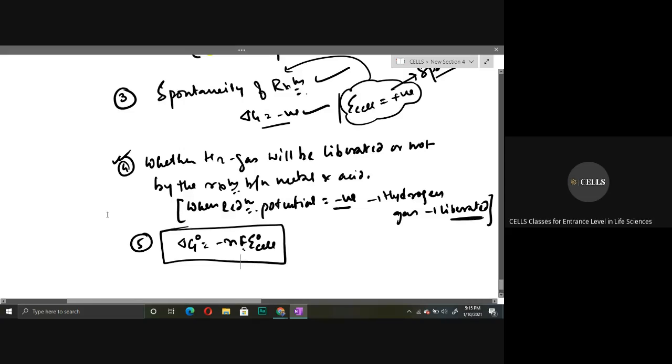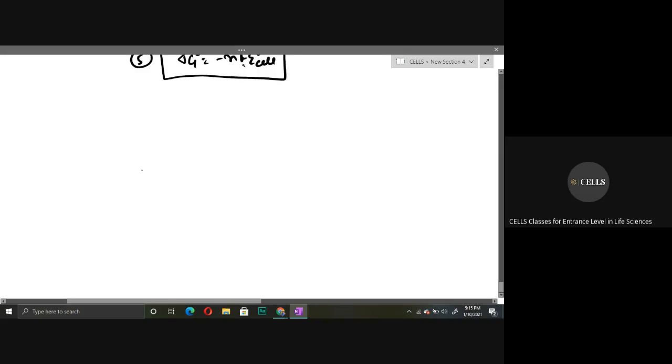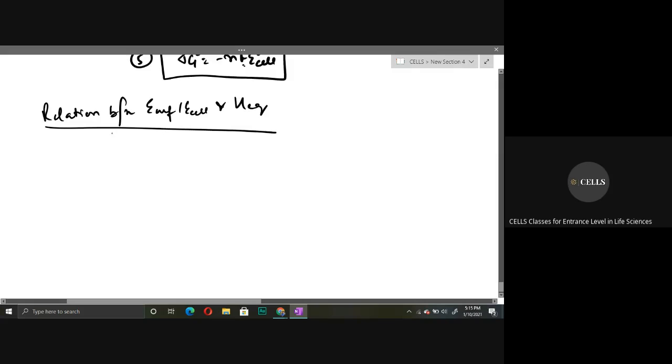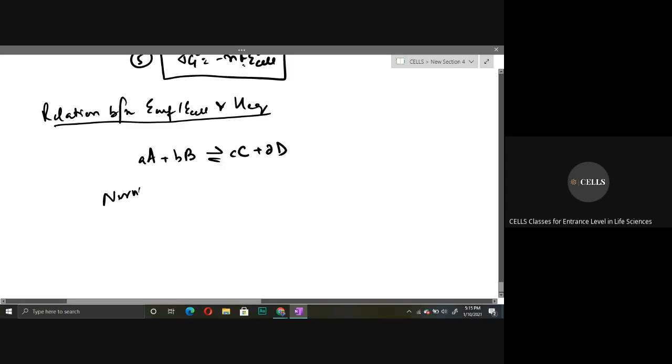Now, if you want to know the relation between EMF or E cell and the equilibrium constant, suppose there is a reaction: a moles of A plus b moles of B gives c moles of C and d moles of D. As per the Nernst equation, from the E cell we get the ionic concentration, and from that we can deduce the equilibrium constant.